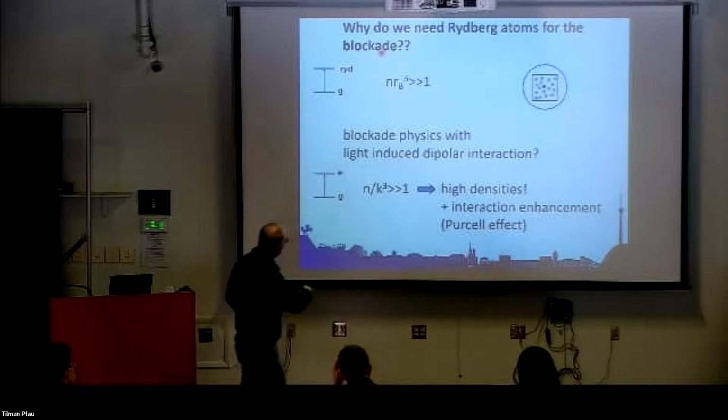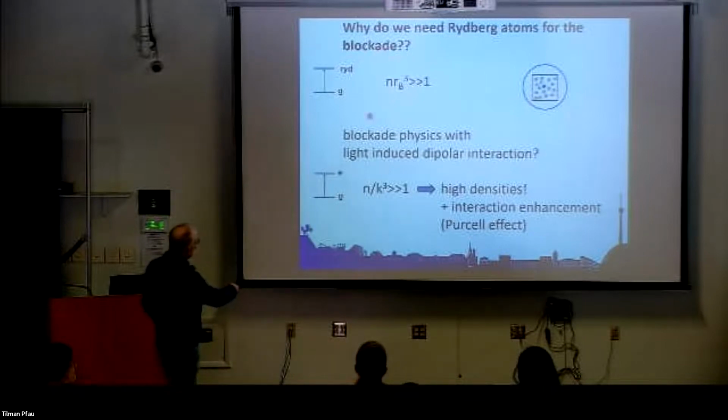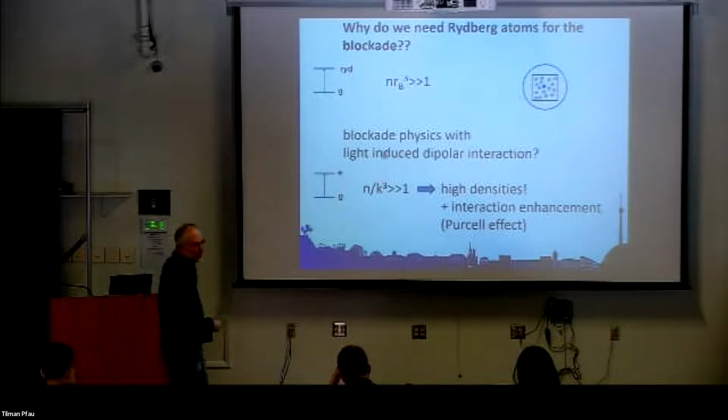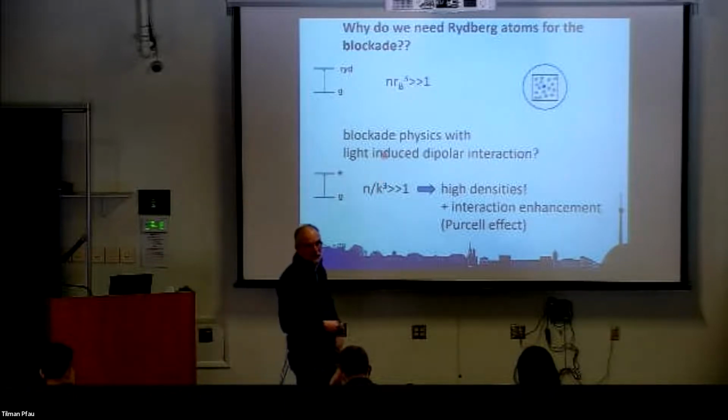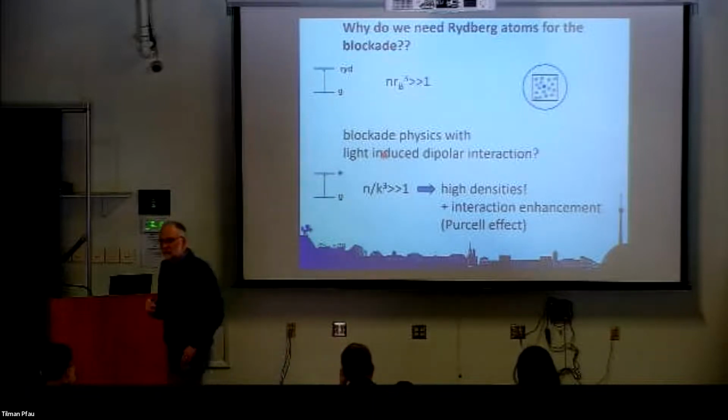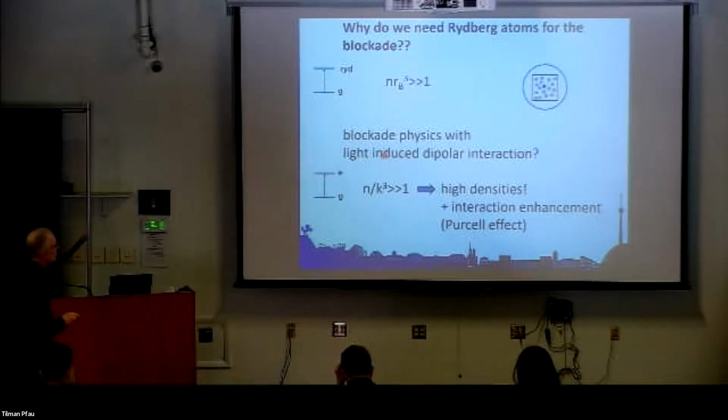So that condition is n times the inverse of the k to the third power, can be much larger than 1. Yes. So these are very high densities, and we can also get strong interactions even without the Rydberg atom. Okay. Let's think about this, because that's much easier eventually to do.